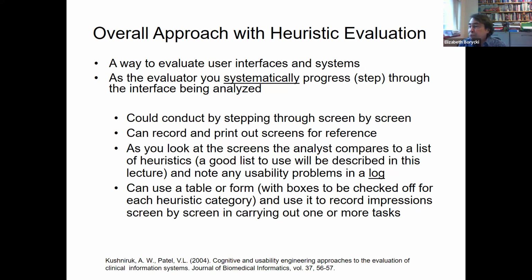You can record and print out screens as they're going along. And as you're going along, the analysts compare to a list of heuristics and note anything that might be, for example, a variation of a heuristic in what I call a log file. And then we can create tables or forms. I can show you an example that you can use to guide the process going through a system methodically.